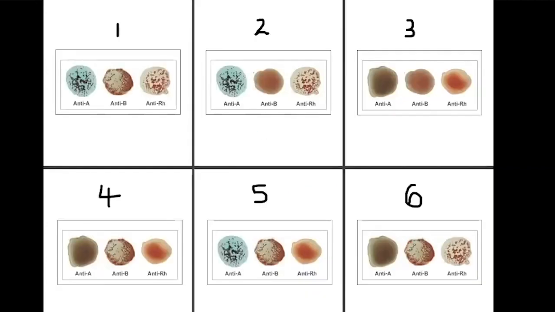In this slide, I have 6 samples of blood with the blood typing results. Stop the video and try to determine the blood type for each one of these samples. Sample 1 is AB positive.